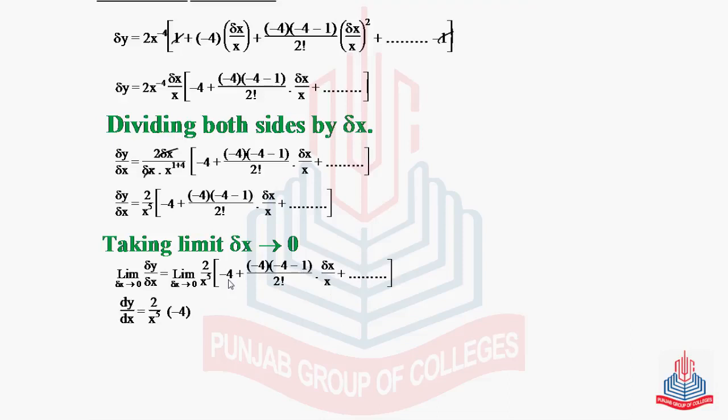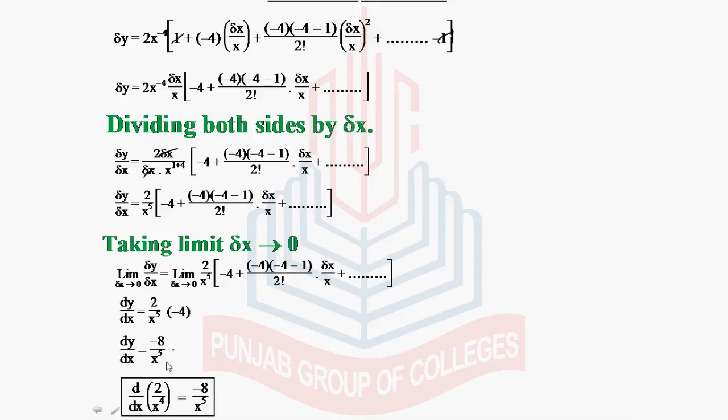So now dy by dx will become minus 8 over x raised to the power 5, and finally d by dx of 2 over x to the power 4 is equal to minus 8 over x to the power 5.